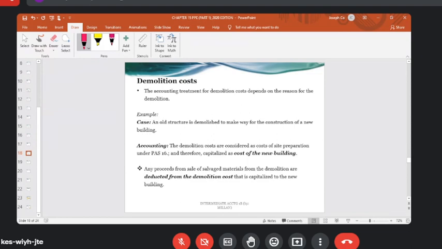Wala na po siyang effect sa demolition cost. Dagdag po siya sa other income in case magkaroon po tayo ng demolition, no?